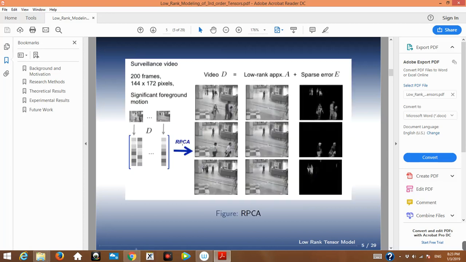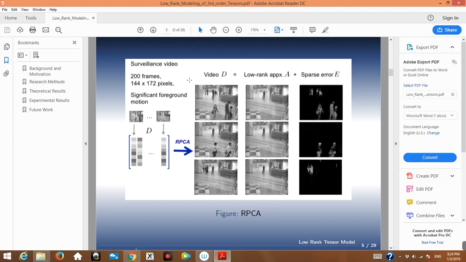For example, this is a very typical application of robust PCA. This is a video sequence. You know that, for example, in a mall or some other places, there might be cameras. The camera records what happened in the building.